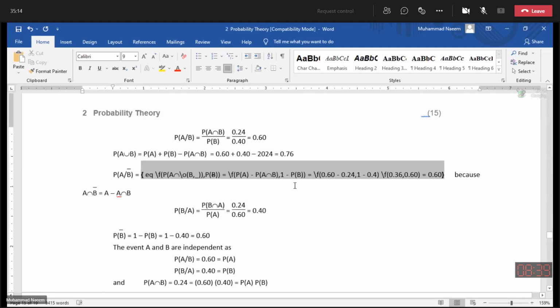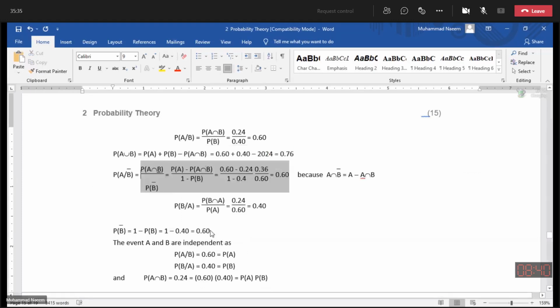Therefore, probability of B complement is equal to 1 minus the probability of B, and probability of B is given also.